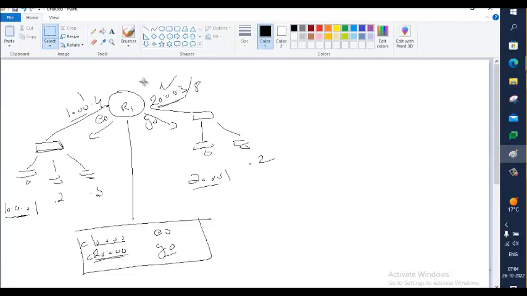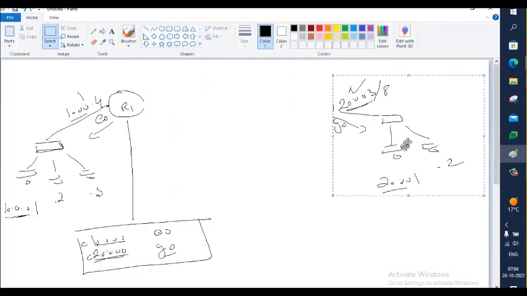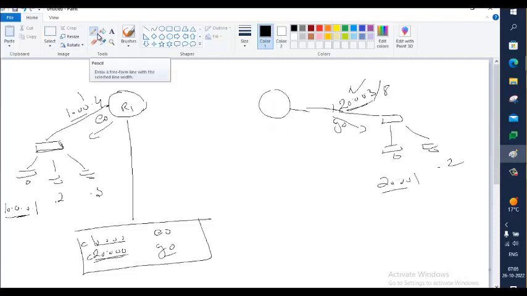If in case this is not here, it's here, and this is a different router now. We won't have this.